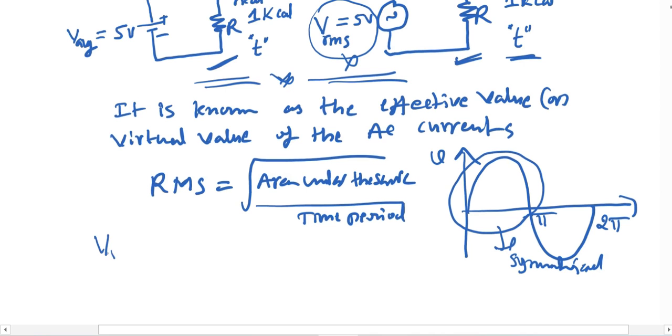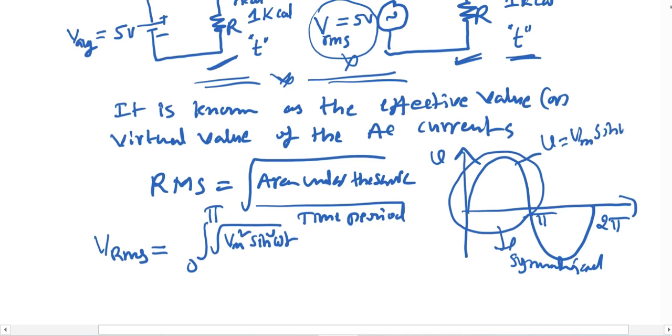So I can write Vrms as the root of the integral from 0 to pi of Vm square sin square omega t, since V is equal to Vm sin omega t, divided by pi, dt.